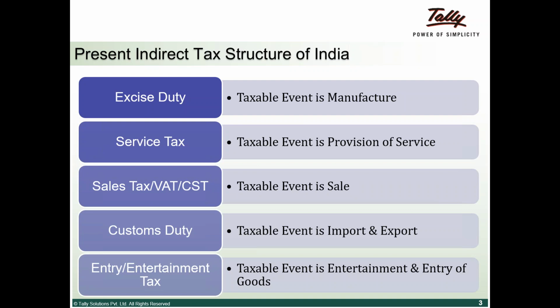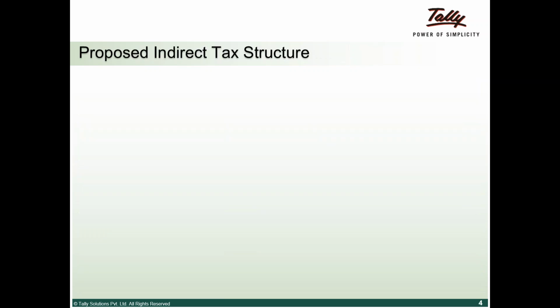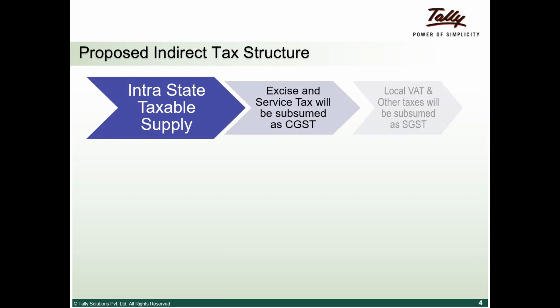Good afternoon. Basically, the present taxation structure is that at present there are taxes called excise duties, service tax, which you are very familiar with, and sales tax or VAT. At different levels, these are taxable. For example, excise duty is taxable on manufacture, service tax on provision of services, and so on and so forth. How do we look at the taxes in the GST regime?